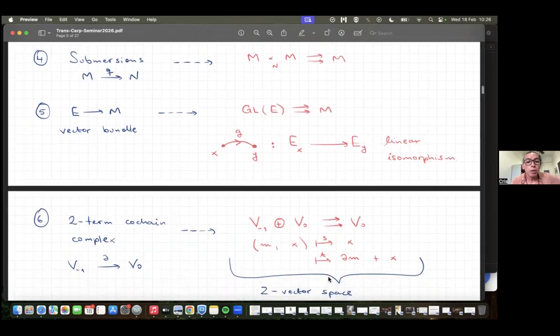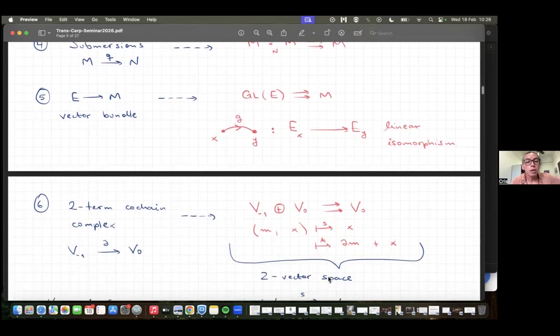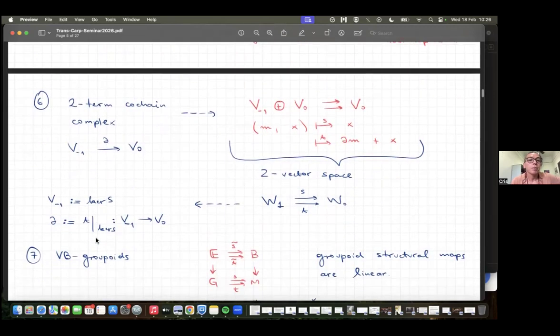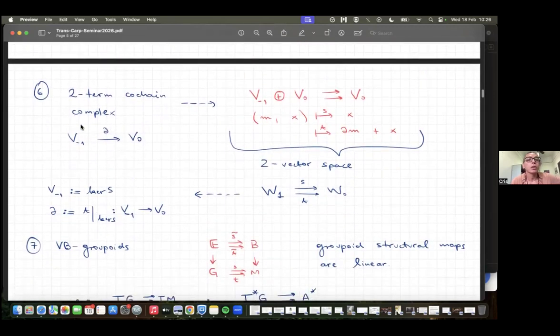Another example is a groupoid that you can build out of a two-term cochain complex. So if we start with a linear map, partial from V-1 to V0, again, I'm going to think of this map as a complex with only two terms, so all the other remaining terms are 0.